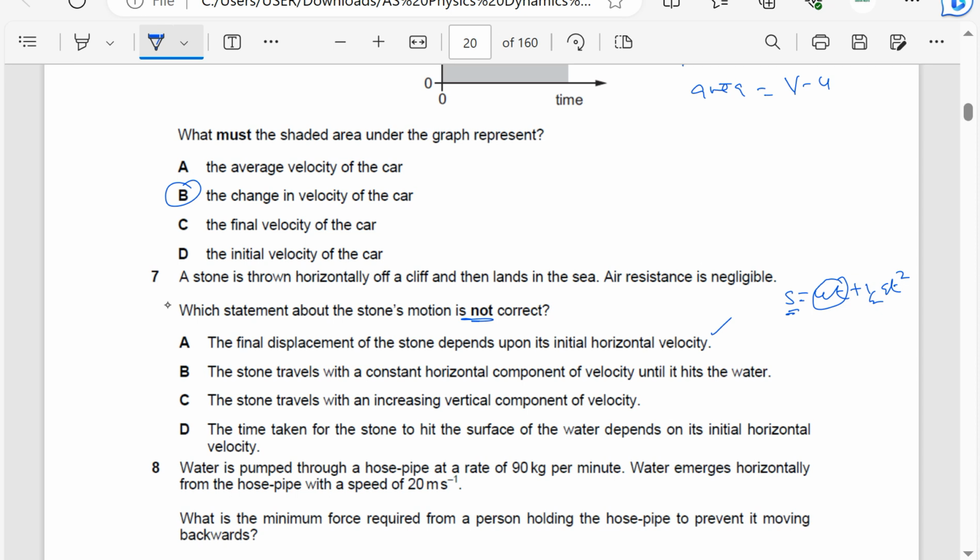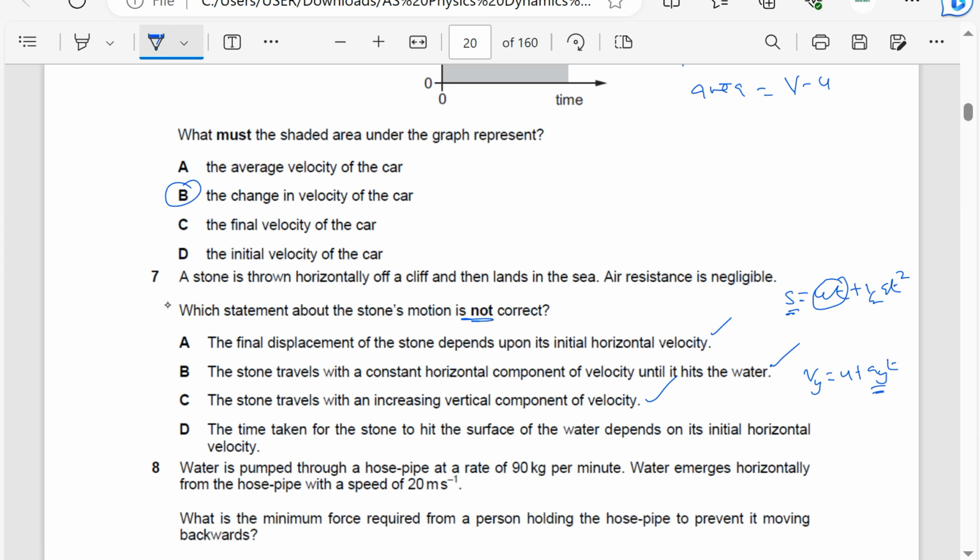The stone travels with a constant velocity in the horizontal, that is correct. The stone travels with an increasing vertical component of velocity, that is very true. Velocity in the y is going to be u plus acceleration in the y times t, because there is an acceleration in the y. As time increases, velocity in the y increases.